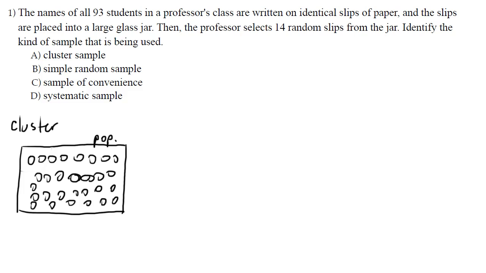So what we do is I'm going to divide my population up into these groups. We call them clusters, right? So I divide them up into these groups by some kind of shared attribute or characteristic. Each of these clusters has some segment of my population in it.